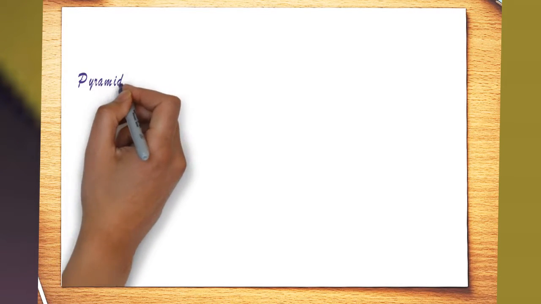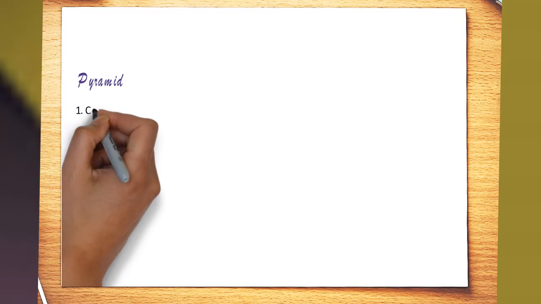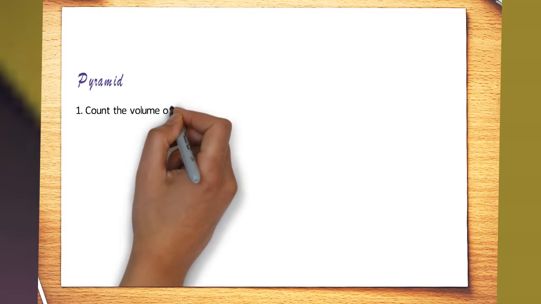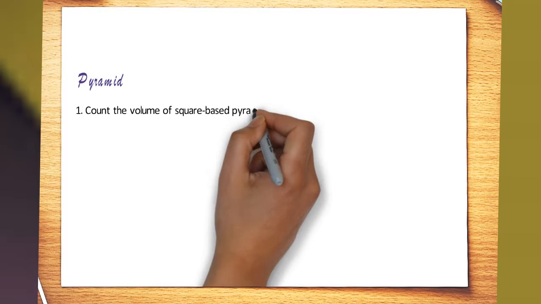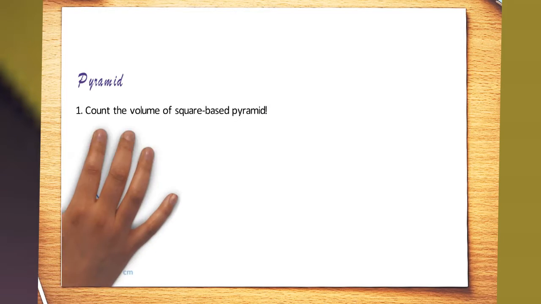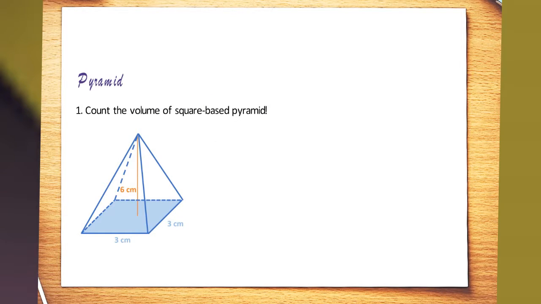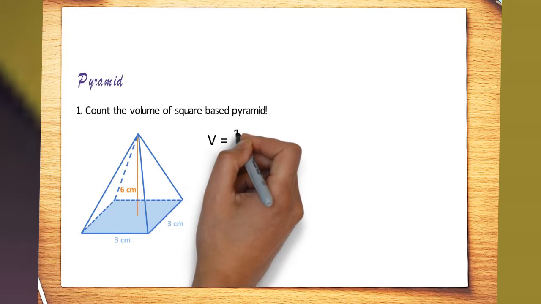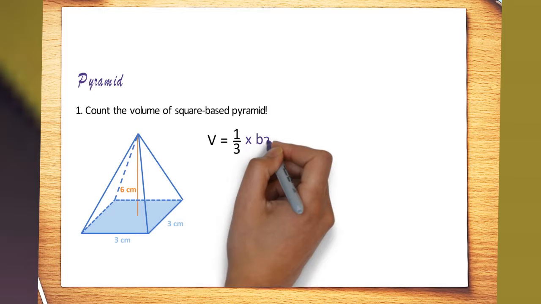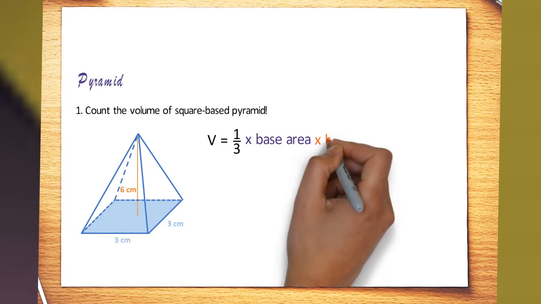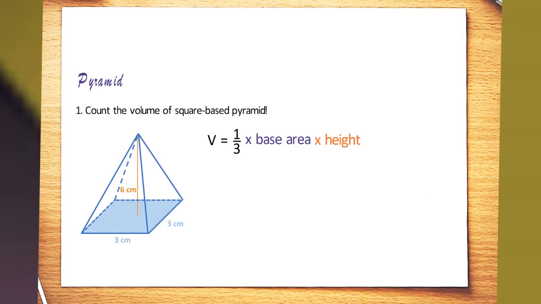Let's learn about the example of a square-based pyramid. The question is, count the volume of the square-based pyramid. We have a pyramid there, in which the side of the base is equal to 3 cm and the height is equal to 6 cm. Volume is equal to 1/3 times base area times height.